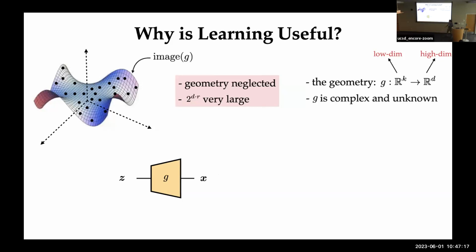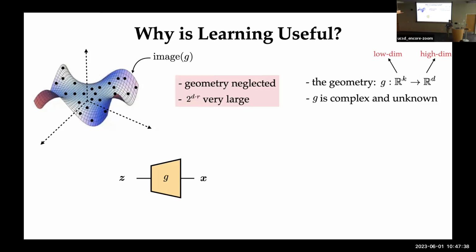So the image of G, computed over all the possible values of Z, would be essentially this low-dimensional manifold of the data. It's represented in this very high-dimensional space, but it's actually a low-dimensional object because of this structure. The challenge here is that G is very complex and completely unknown.